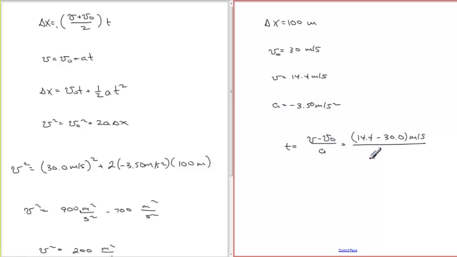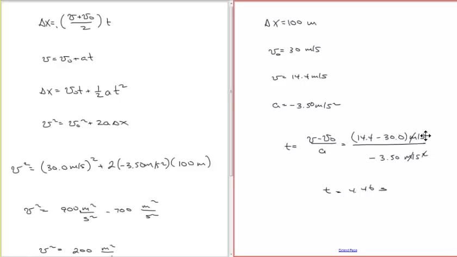We divide by negative 3.50 meters per second squared. This is going to be negative 15.9 divided by negative 3.5, which gives us 4.46 seconds.